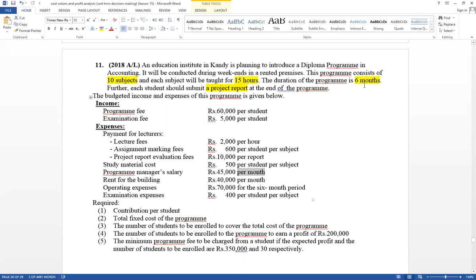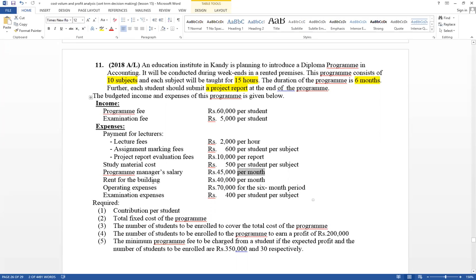It is given per month, and the duration of this program is 6 months. Program manager salary does not vary with the number of students. Therefore it is a fixed cost, not variable, but given as a per month value. Duration is given as 6 months.